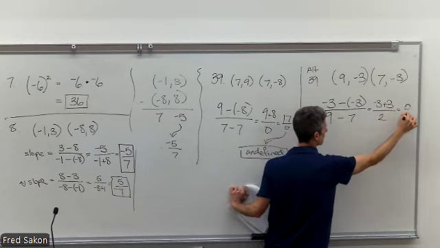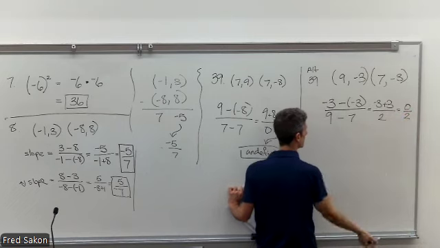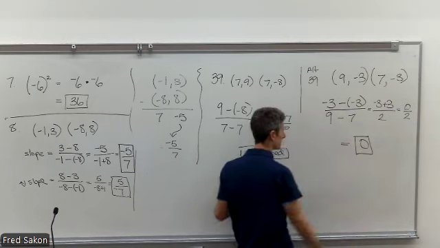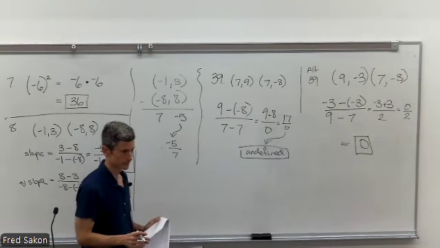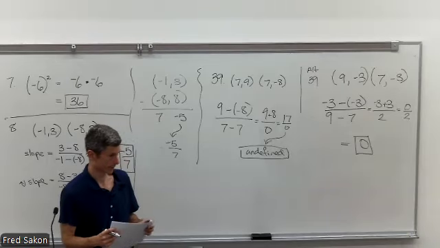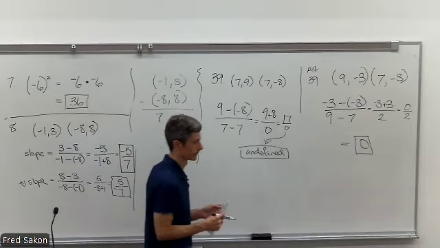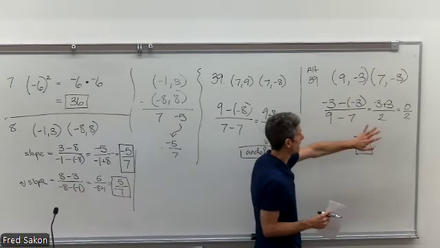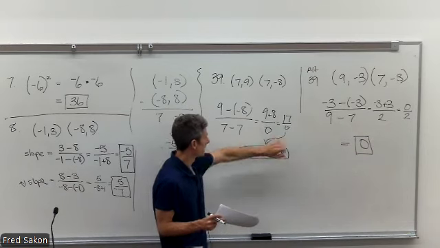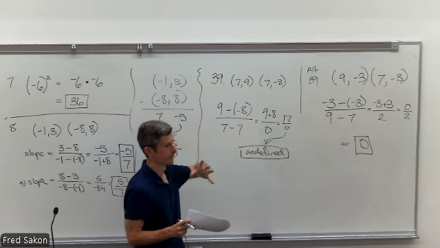I get 0 over 2. 0 on the top means it equals 0. 0 divided by something is always 0, is the idea. Something divided by 0 is, we don't know.